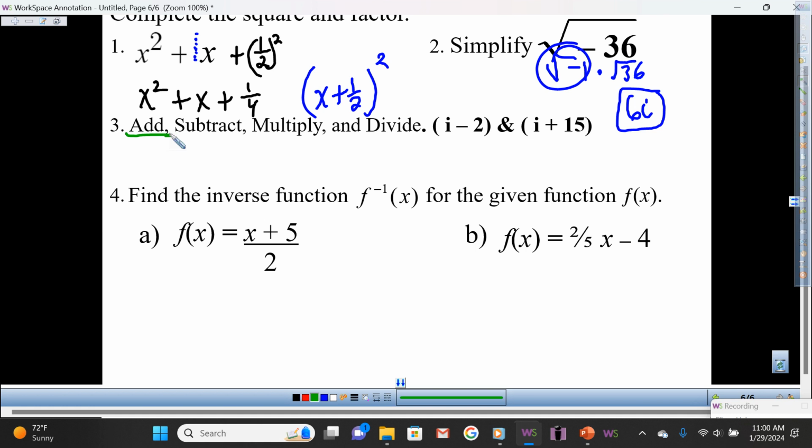Check with your neighbor, and Anthony's going to pass it to someone. Addition, what'd you get for addition? Pass someone, Anthony D. Bailey, what'd you get for addition?